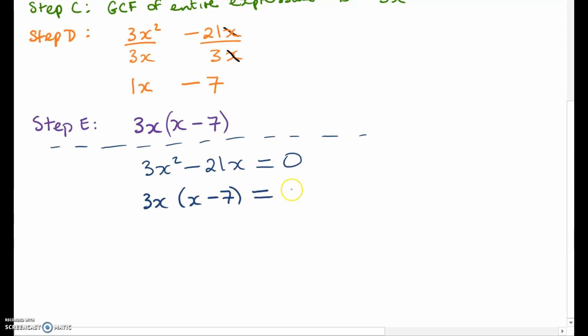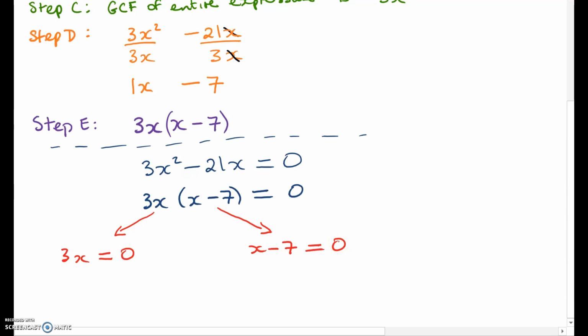So we write it the new way, and then split this up so that we have 3x and x minus 7. Put each of them equal to 0.